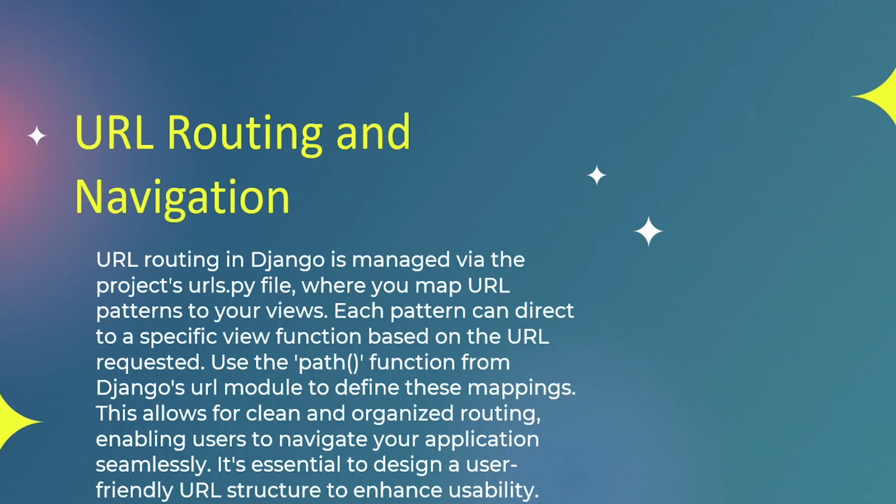You need to create a URL structure that people would love to use, so that usability increases. The easier it is to use, the more people will tend to use it. So that was about it.